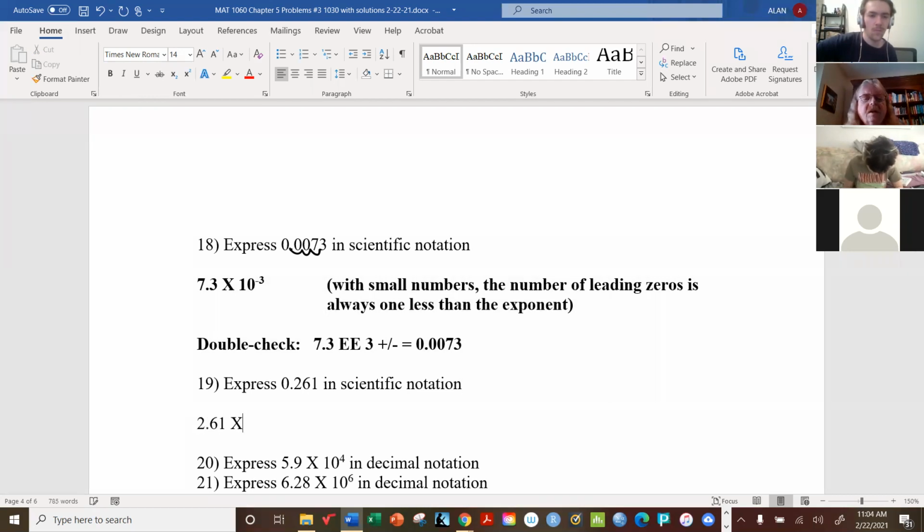All right. How about this one? It's going to be 2.61 times 10 raised to some negative power, and that will be just the 1. I have a question. Yes, go ahead. I'm a little bit confused as to how you would decide where you would move the decimal. Like, it's 2.61, but why wouldn't it be 26.1?